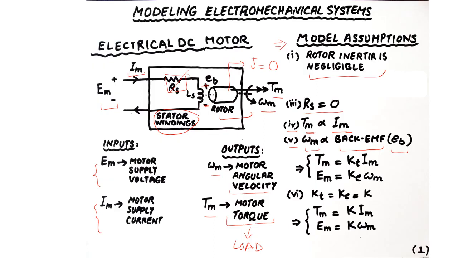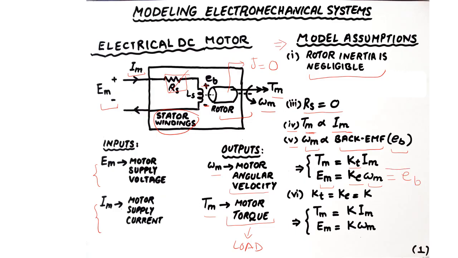Because of these linear relationships, the constant of proportionality in the torque and current relationship is kT, the torque constant. In the case of the relationship between the supply voltage EM and the motor speed, we know that the speed is proportional to the back EMF, with constant KE.